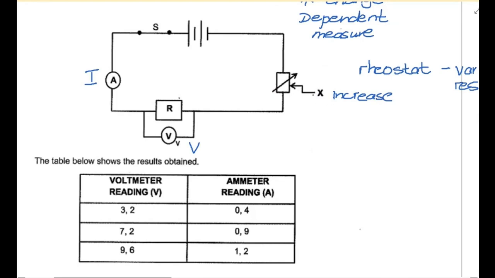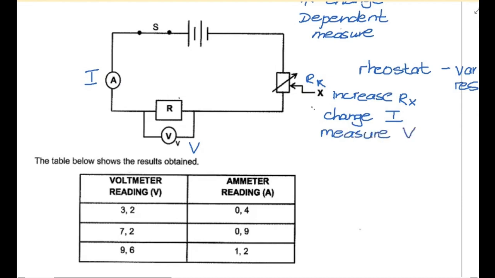I won't state that resistance is my independent variable. Because I'm changing this rheostat, I'm going to make it Rx. I'm going to increase the value of Rx, and what will happen is I'm going to change my I. And then once I change the I, I'm going to measure the V.